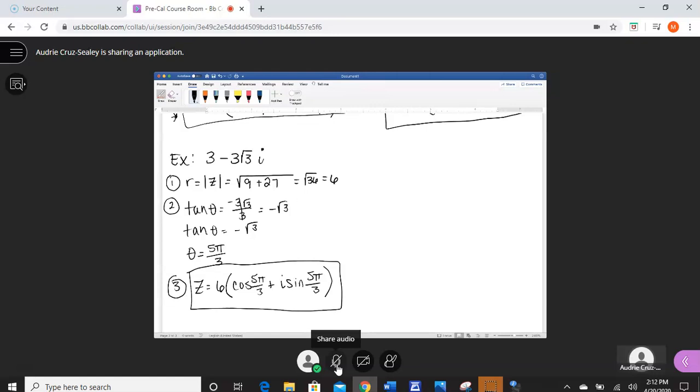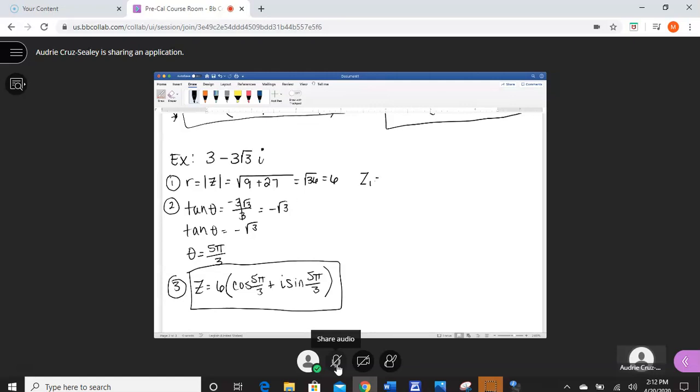While y'all are writing that down, I'm going to look at the next rule. If you look at the rule at the bottom of page 113, it's showing you how to multiply and how to divide complex numbers. You don't have to write this down. I'm literally writing down what you should see at the bottom of page 113.